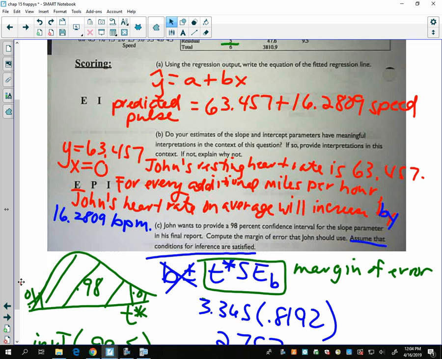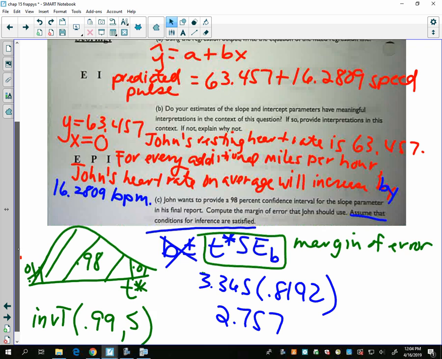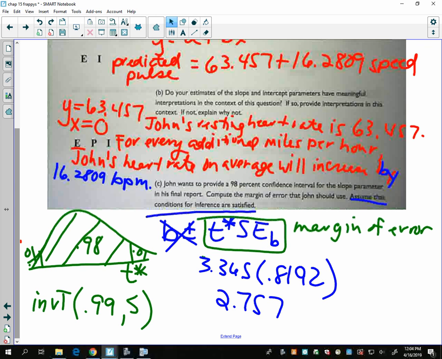So that's review. What's new is part C. John wants to provide a 98% confidence interval for the slope parameter in his final report. Compute the margin of error that John should use. Assume that conditions for inference are satisfied.